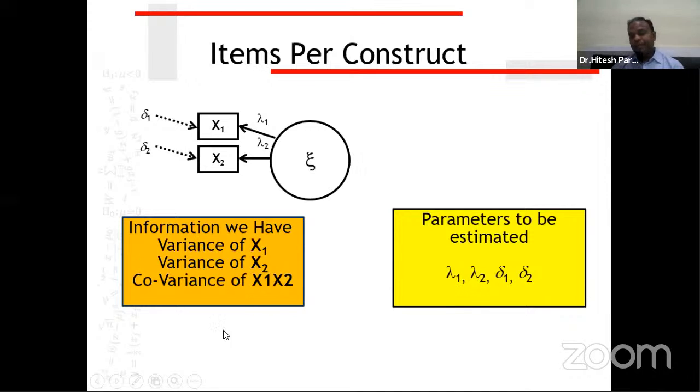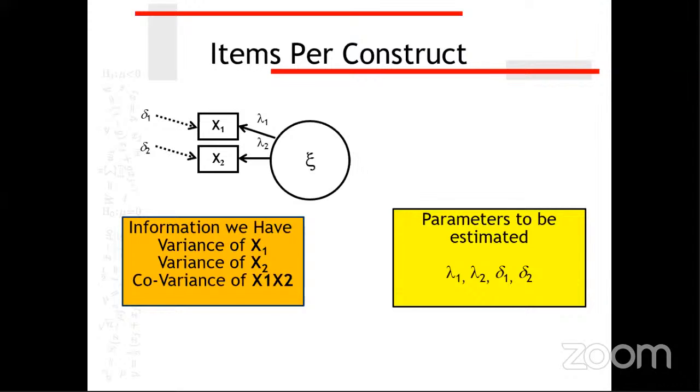We have 3 pieces of information: variance of x1, variance of x2, and covariance between x1 and x2. So what do you think? Will it be sufficient for us to estimate these 4 parameters? No, sir, no. It will not be sufficient, right?